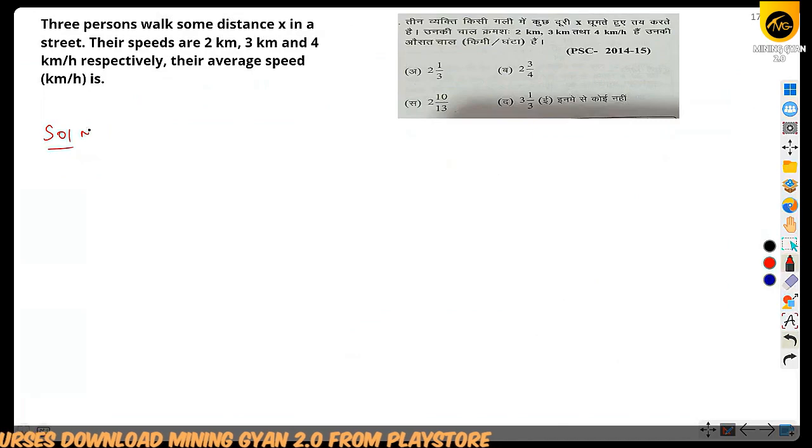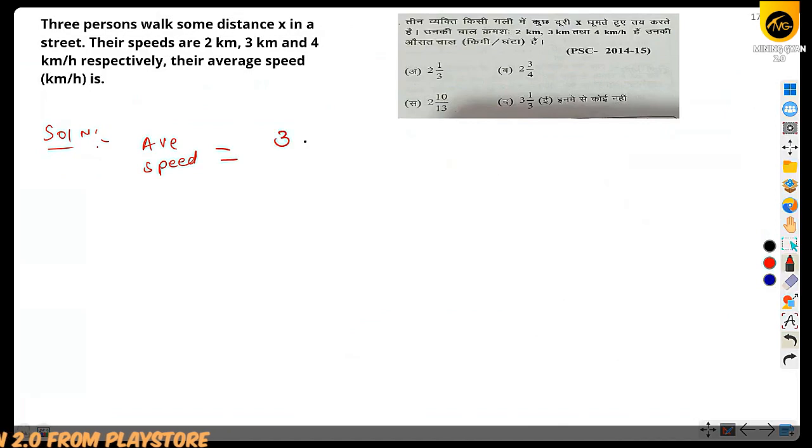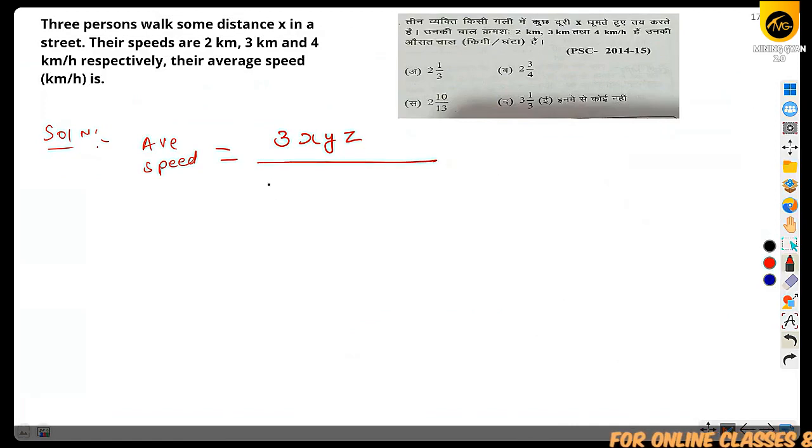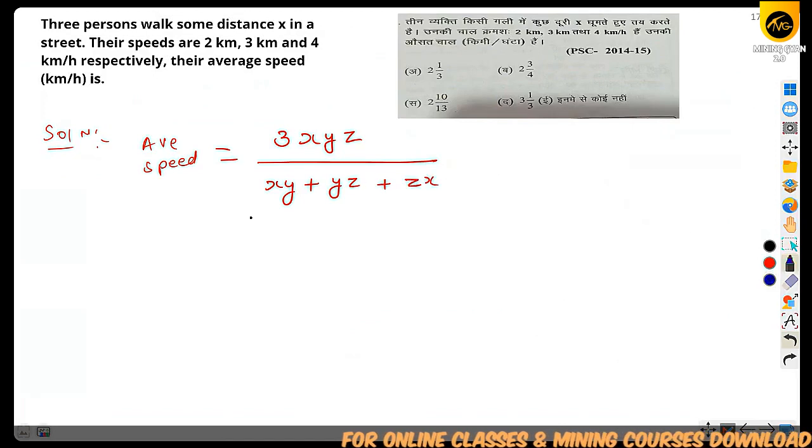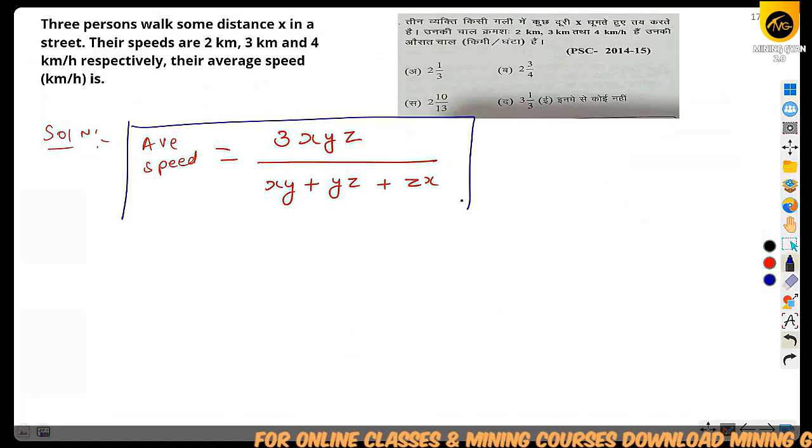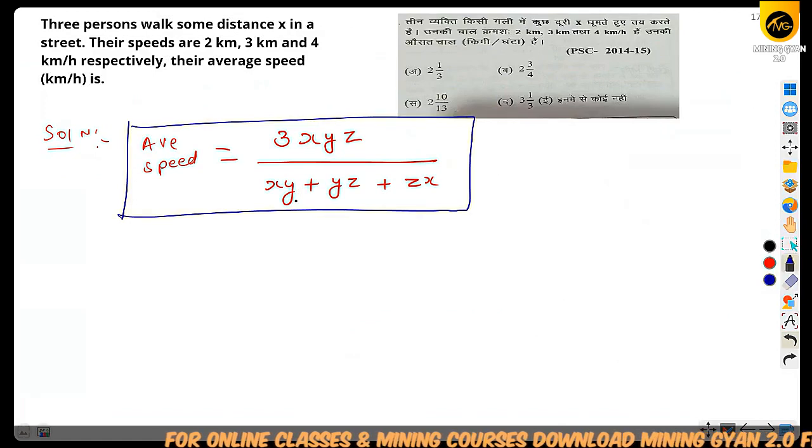In this case, we have a modified formula of average speed: average speed is equal to 3xyz, whereas in the last formula it was 2xy. Now with three speeds, it is 3xyz divided by xy plus yz plus zx.